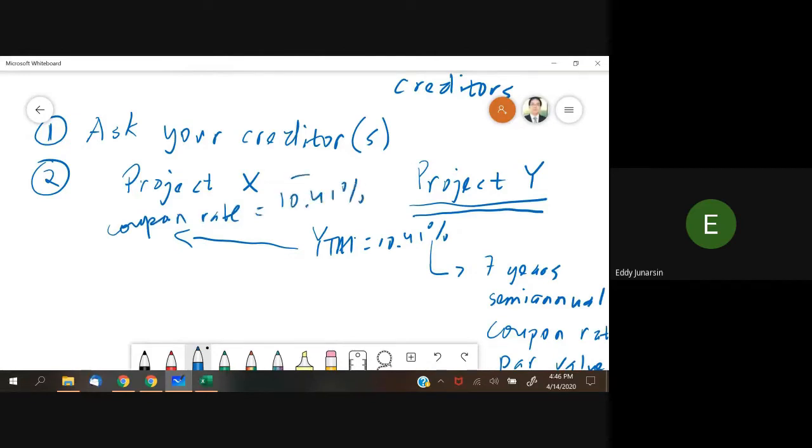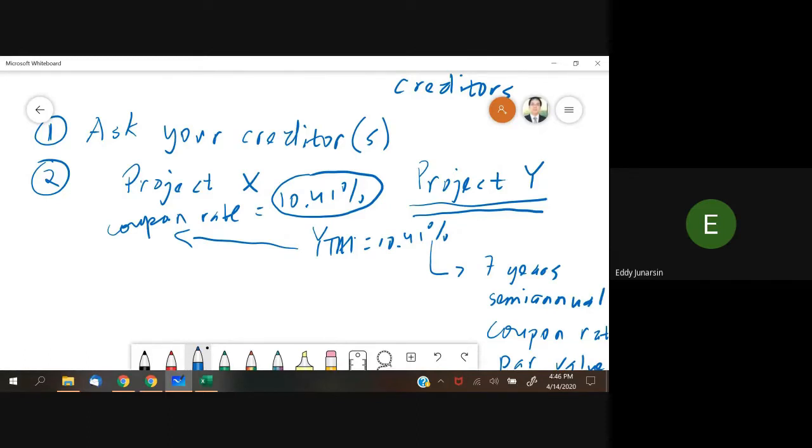So we could assume that this would be the cost of debt if we are to issue this kind of bond, with the same risk characteristics as the other company's bond for its project.